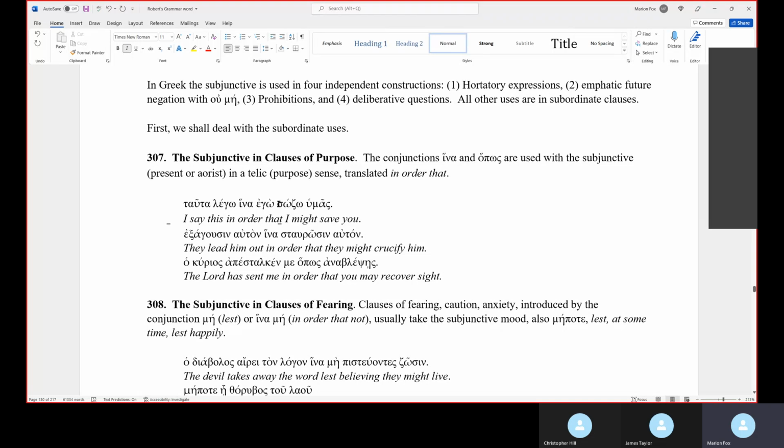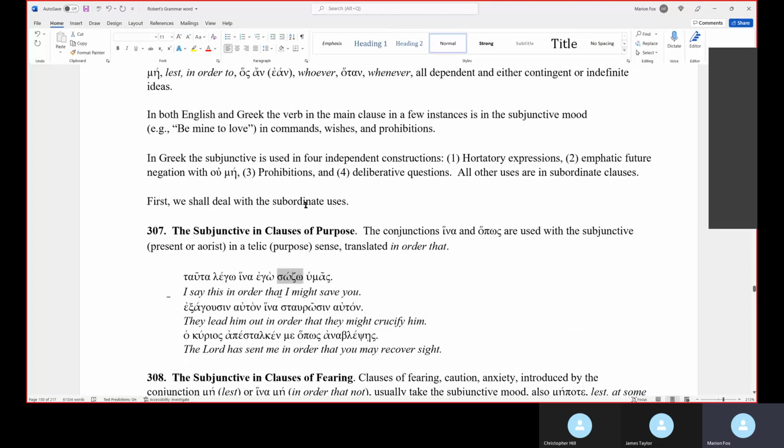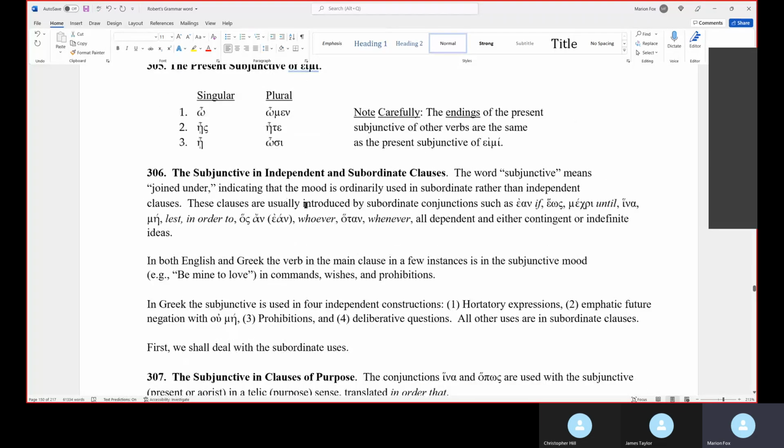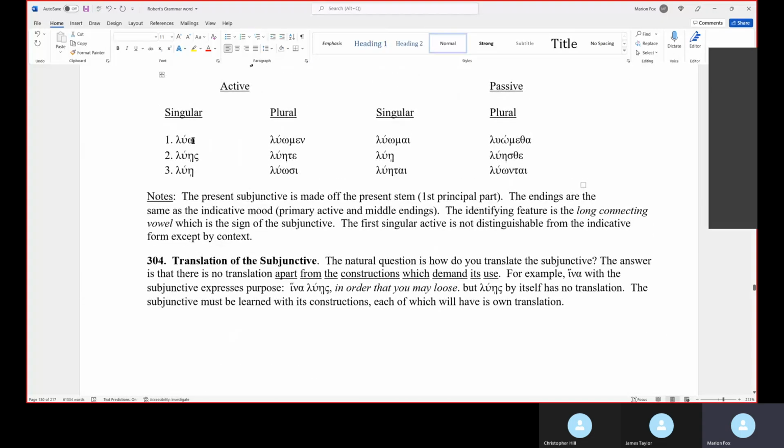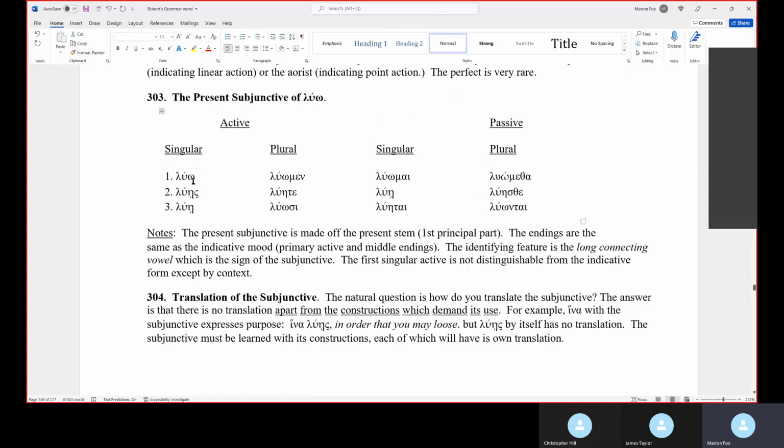Now, how do I know this is subjunctive? Now, remember, let's go back up and review just a bit. The ending is an omega ending, which we said last week is the same ending you have in the first person singular present indicative. Yes, it is.